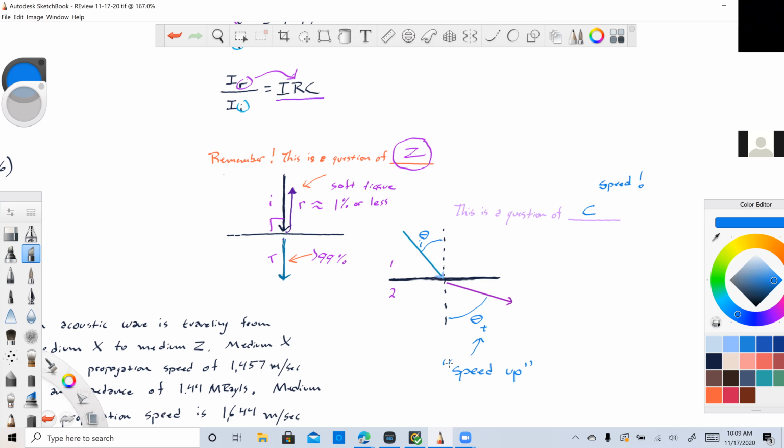Speed up means that the velocity, I'm just going to say, tissue 2 is faster. Okay, it is faster in this case. Speed up, slow down. There are ways of drawing this.